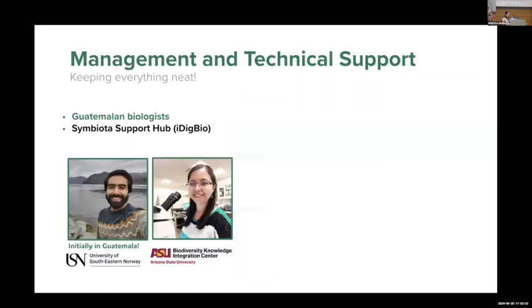So we are a team of Guatemalan biologists. I work with my colleague Sabdi Lopez. He was originally in Guatemala when we started this project, but now he's finishing his master's degree in the University of Southeastern Norway. So along with him, we have been managing this portal with a large group of local curators.